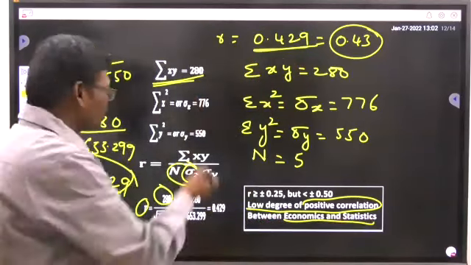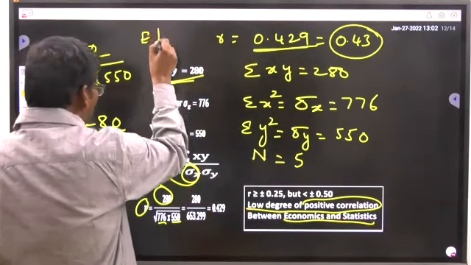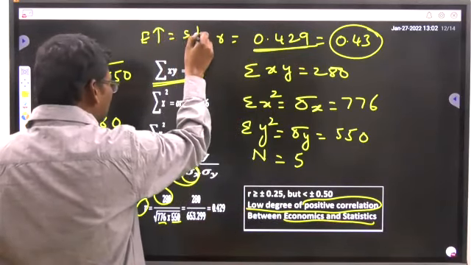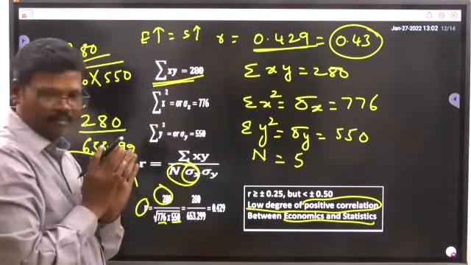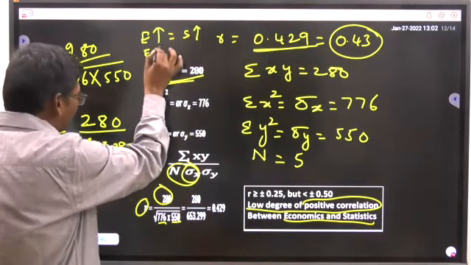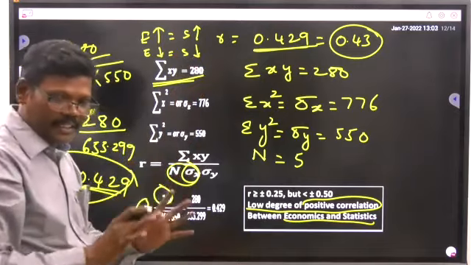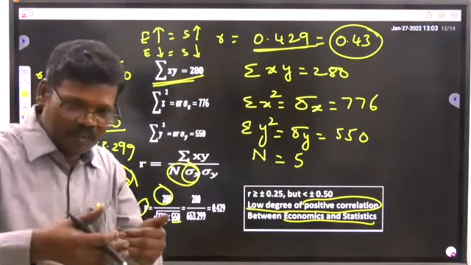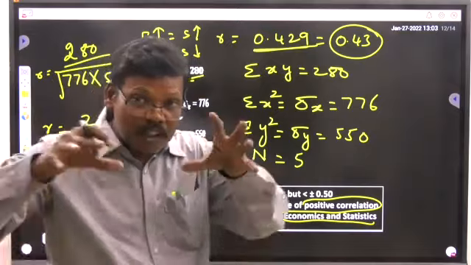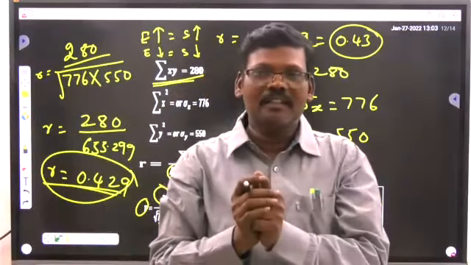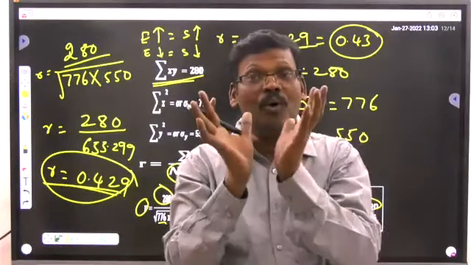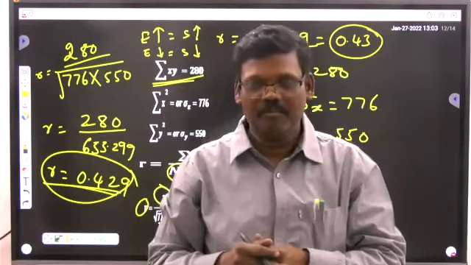Positive means if economics marks increase, statistics marks also increase. If economics marks decrease, statistics marks also decrease. That is a positive relation, but only a low level of positivity.